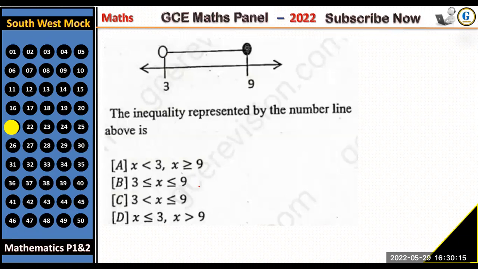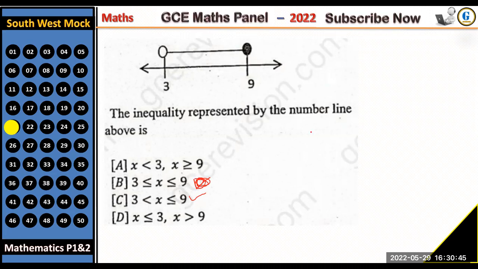So our key here is B. Is it B? No, it's not B. Let me see. The key here is not B, the key is rather C. The key is C, because the 9 is included and the 3 is not included.